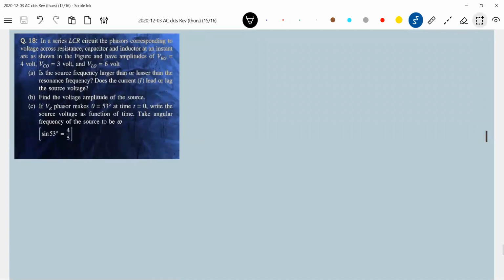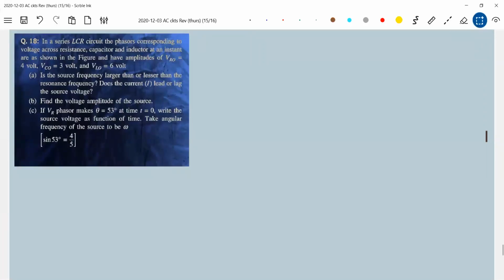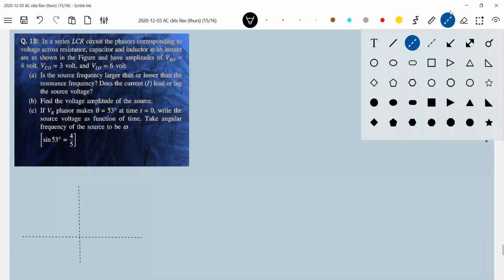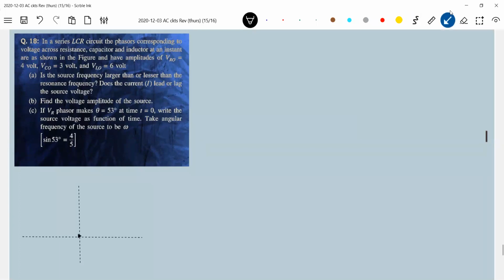Read one more. In a series LCR circuit, the phasor diagram corresponding to it is given. So this is VRO, this is VLO, and this is VCO.